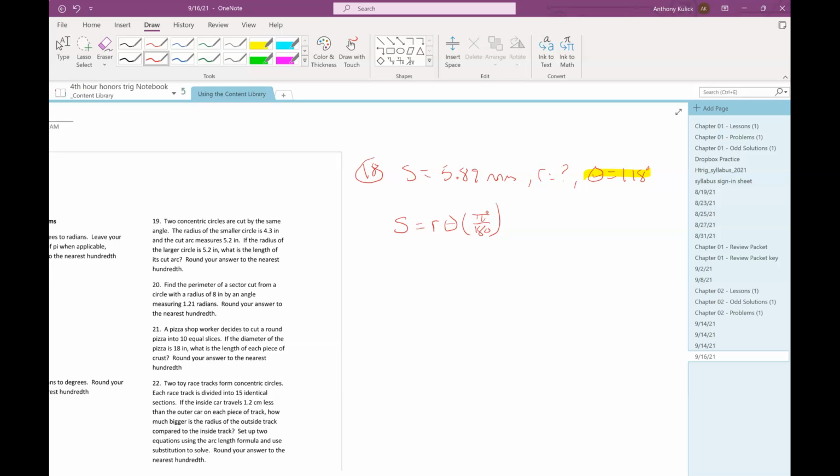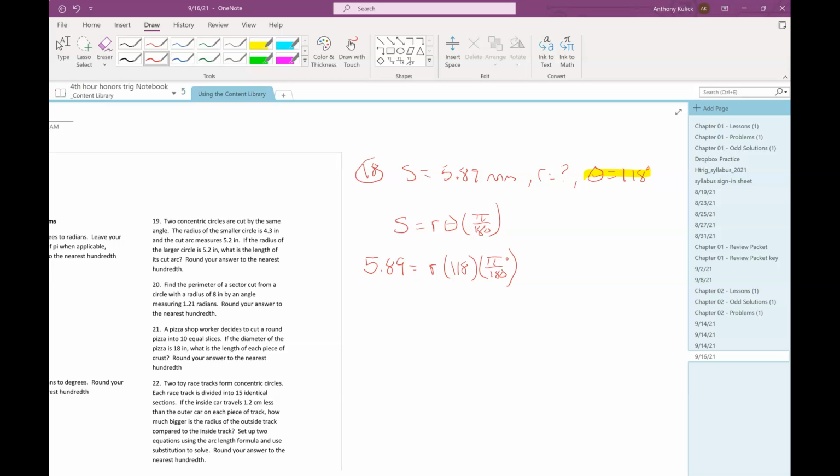So all I'm going to do now is solve for r. So I can plug in my value for s and my value for theta. Okay, so far so good.